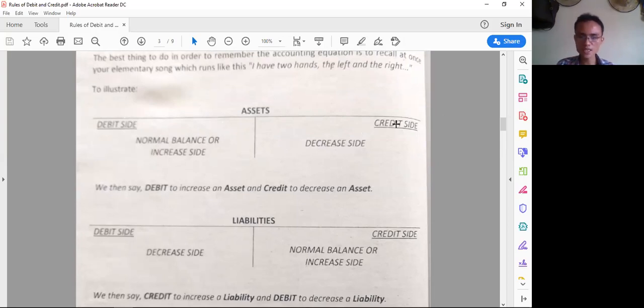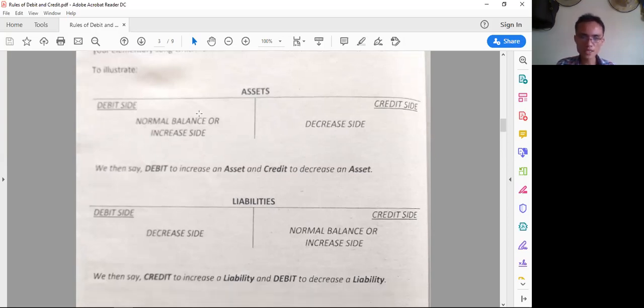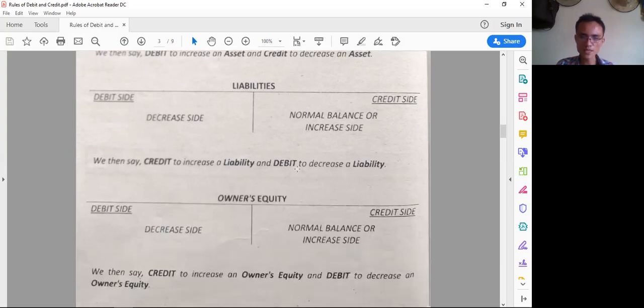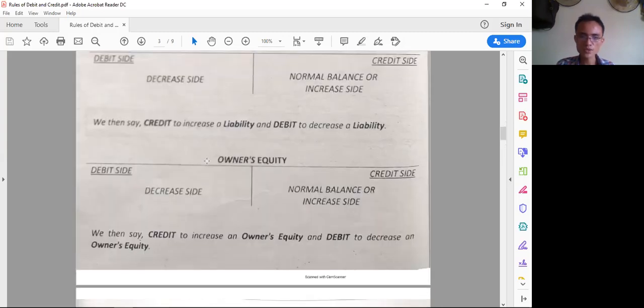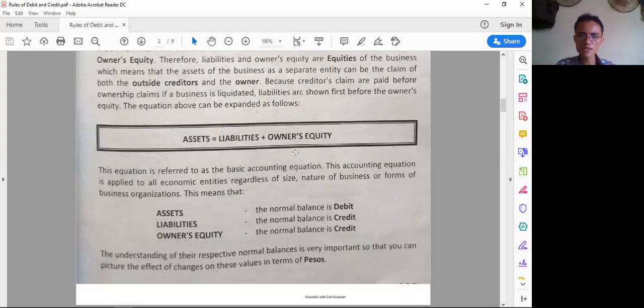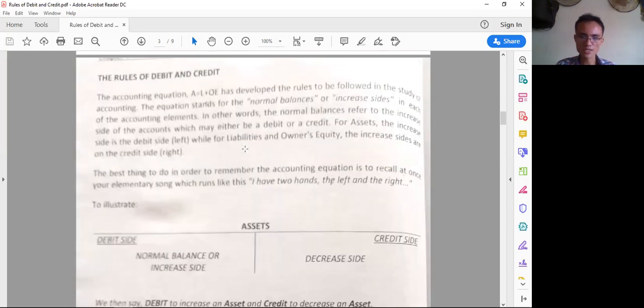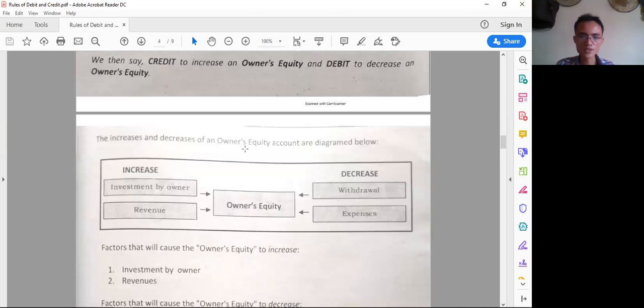Clearly and obviously, it resembles the letter T. You can see here the increased side is debit for assets, the increased side is credit for liabilities, and owner's equity is credit. Again, this is closely related to the basic accounting equation.